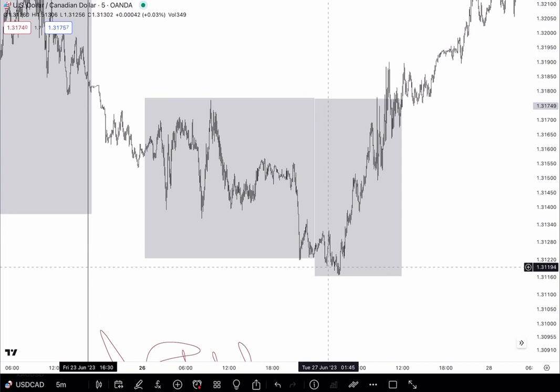watching for it after 1 a.m. or 2 a.m. or you can do what I did. Right? During that time, during the London kill zone, quote unquote, and you ride it to the 50% and the opposing end of the range, right? That is a model by itself.